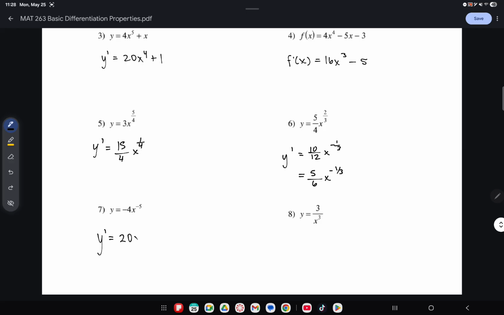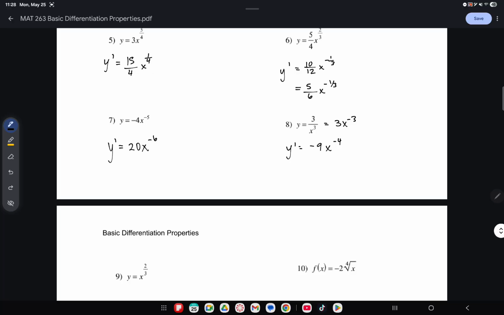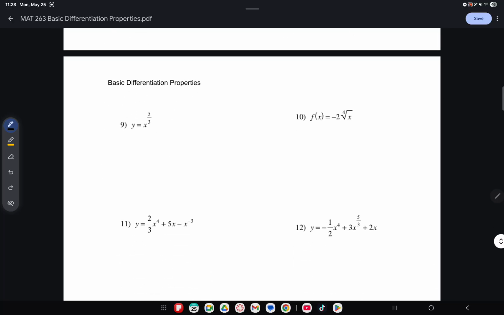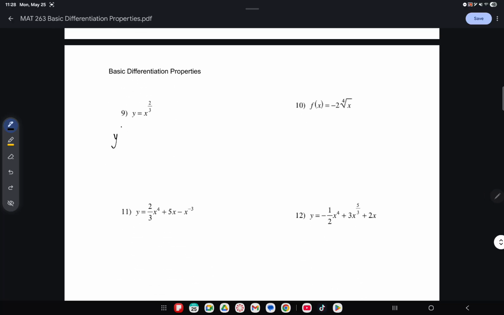And then we have 20 x to the negative 6. I'm going to rewrite that as 3x to the negative 3. So that'll make it what? Negative 9x to the negative 4. Do some more here. So power rule 2/3 x, and then we'll minus 1 from the power, so negative 1/3.